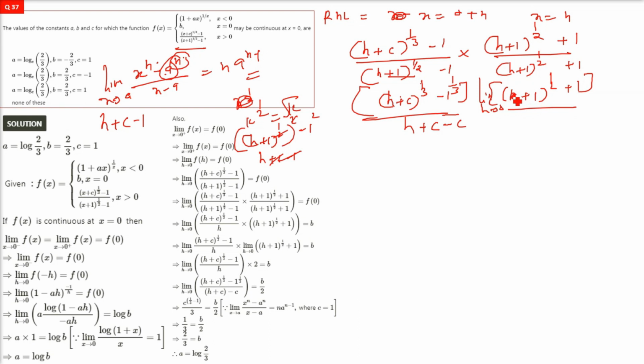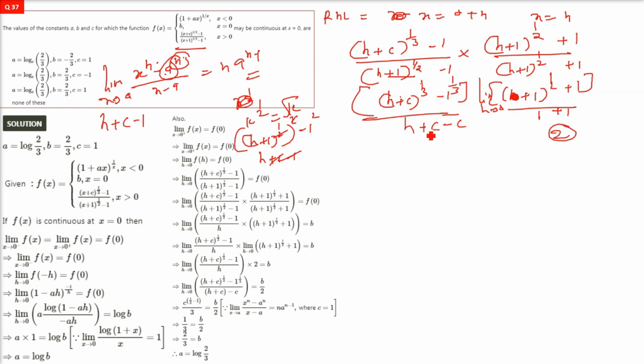So apply the limit h tends to 0 on the right, which I was saying one root is 1 only, 1 plus 1 is 2, this will be used later. But here h plus c to the power 1 by 3 minus 1 by 3. So in order to make it as x raised n minus a raised n by x minus a, we need x minus a in the denominator. So h plus c minus 1 we need.